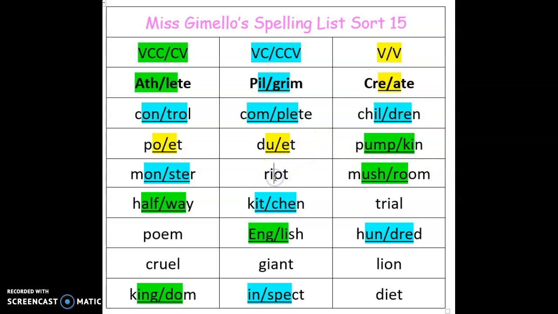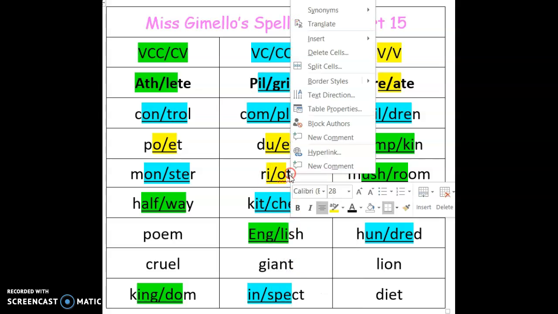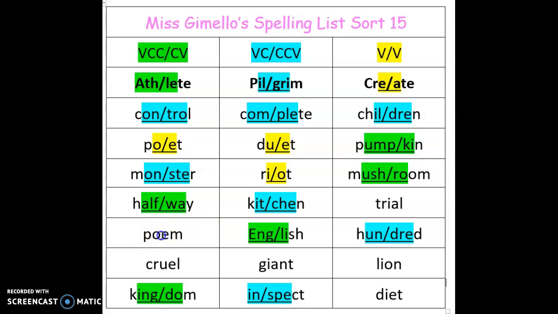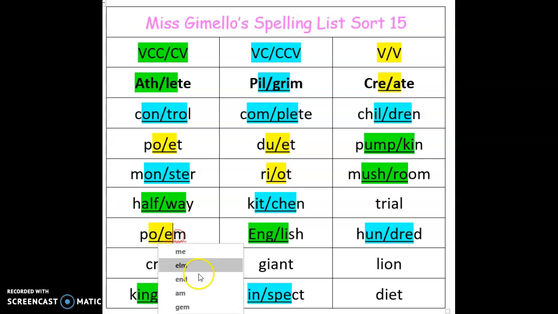Riot. Vowel, split, vowel. Fits that pattern. We have poem. Splits right in the middle, and we have the vowel, split, vowel. That fits that pattern.